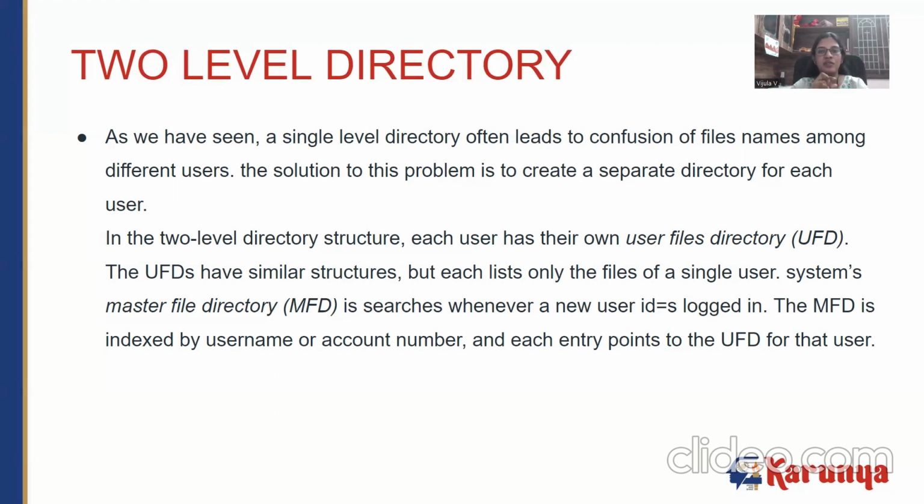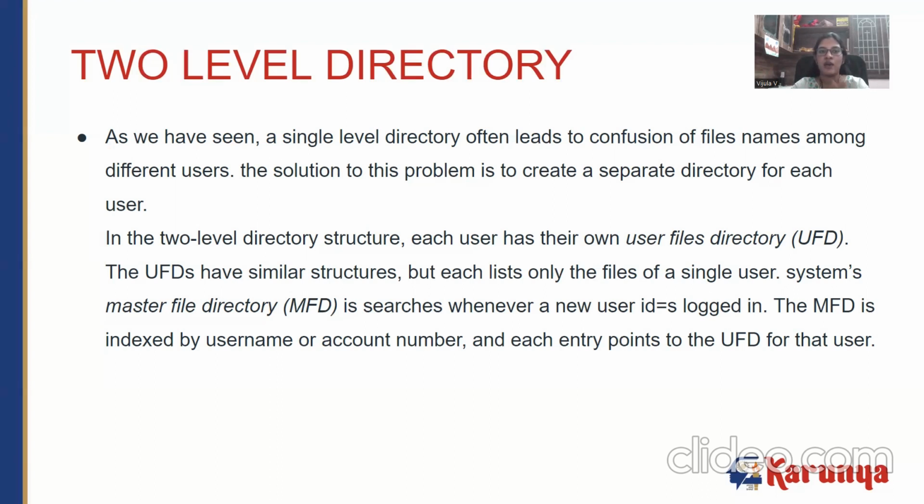That is, each user will have their own directory and their own separate file system. The MFD is indexed by your username or account number, and each entry points to the user file directory provided only for that single user. That is, user A will have a single directory, user B will have another separate directory.